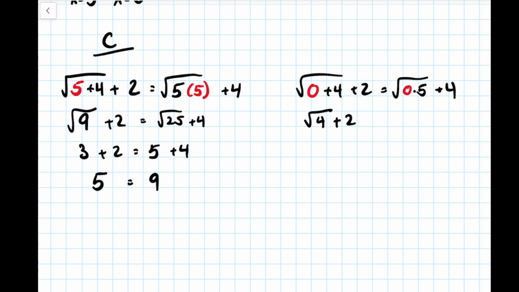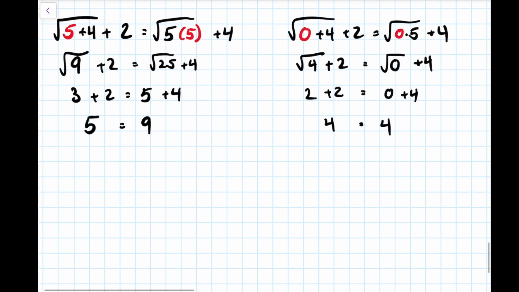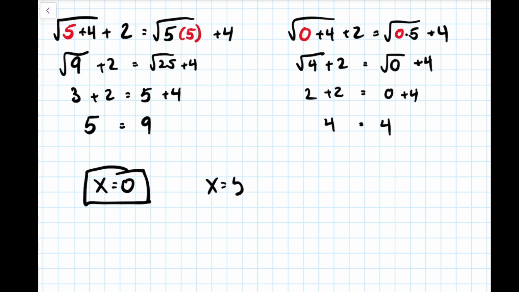And the square root of 4 is 2, and 2 plus 2 is 4. On the right side, 0 times 5 is 0, the square root of 0 is 0, and 0 plus 4 is 4. So hey, that one worked out. And so what we've come up with then is that the solution on the right, which was 0, that one works, but x equals 5 is extraneous.